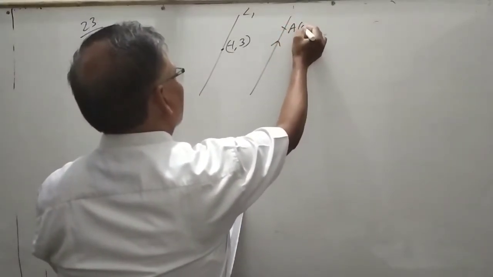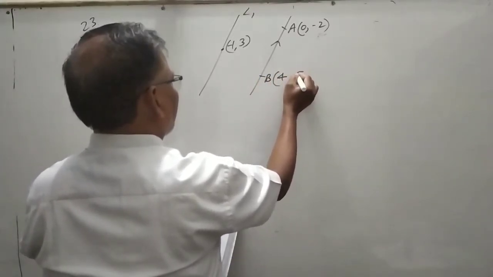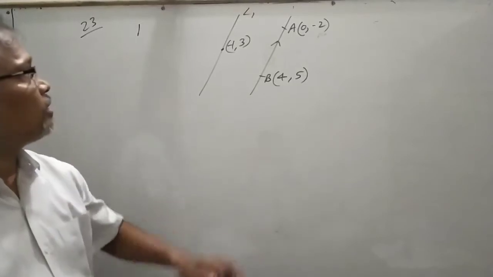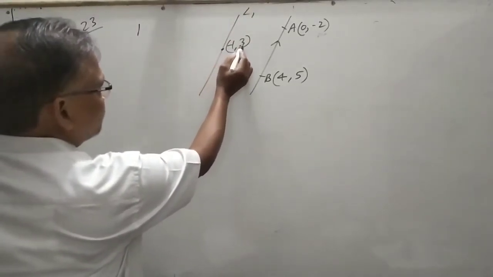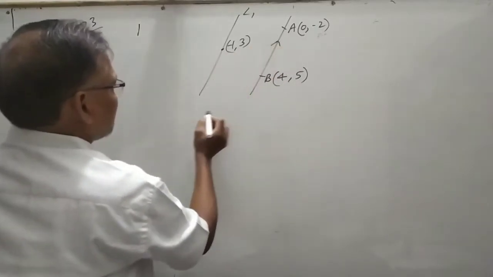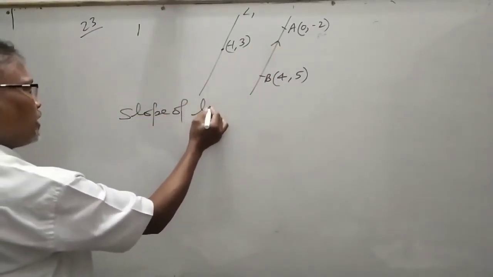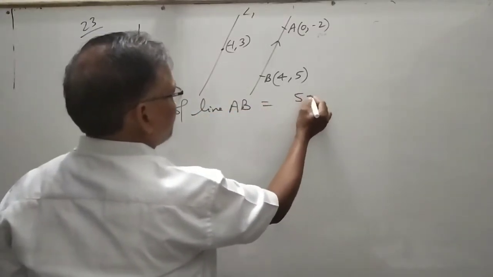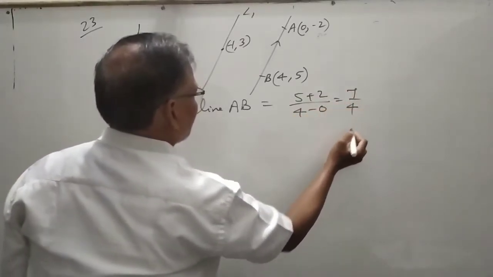There is a line L1 which passes through minus 1 comma 3 and is parallel to the line joining the points 0 comma minus 2 and 4 comma 5. So first you find the slope of line AB, that is 5 plus 2 upon 4 minus 0, 7 by 4.